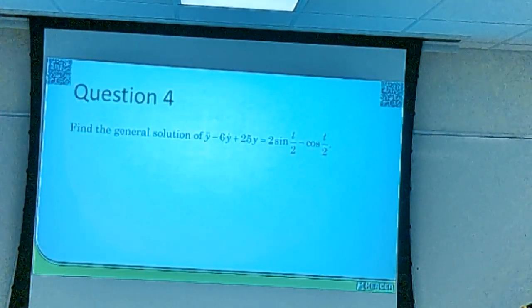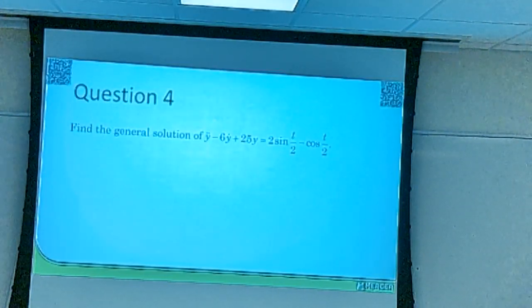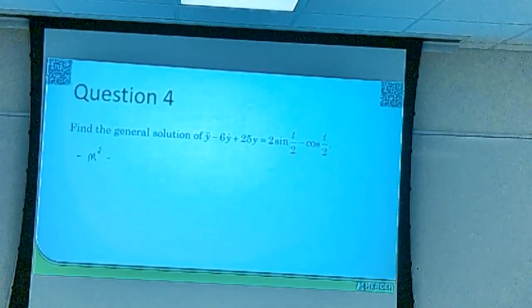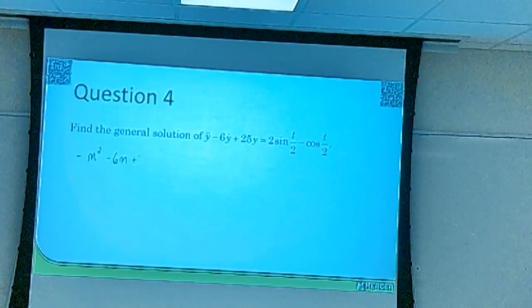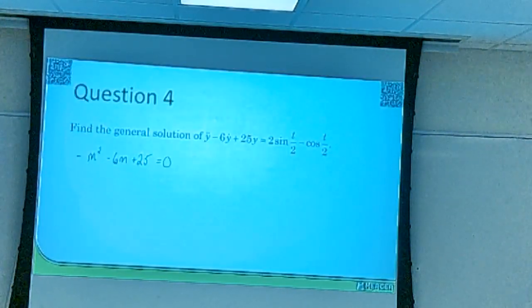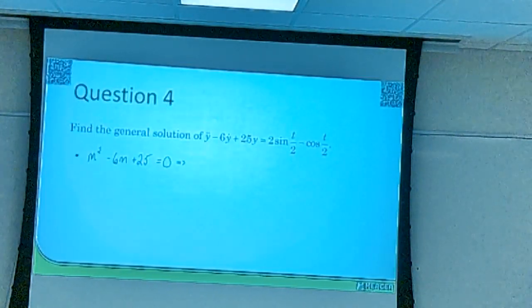Start by finding the complementary. Let's not put a hyphen there, let's just use a vowel. So you need your auxiliary equation, right? m squared minus 6m plus 25 equals 0. Give me the solutions.